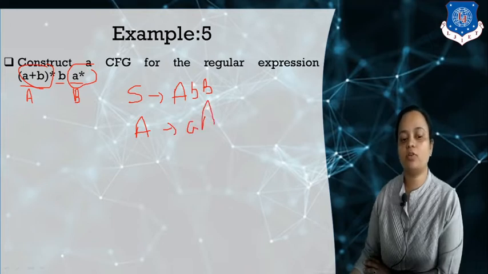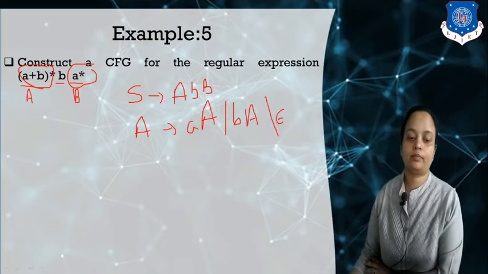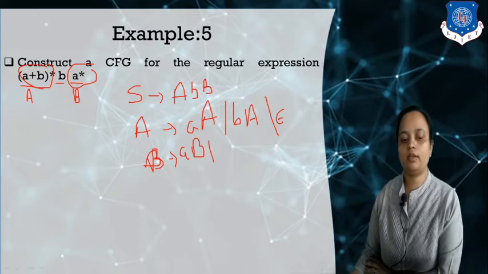As we already know how to write this, star means null, and B derives A, B and null.